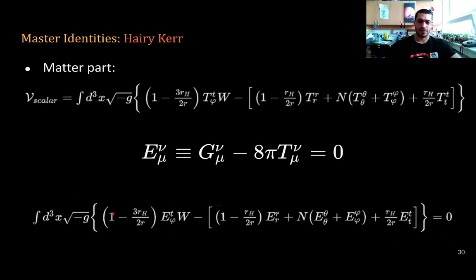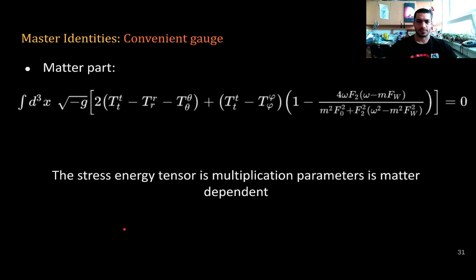And observe, however, this is a master-like identity, since the Einstein tensor terms have to be multiplied by some part of the metric parameters. So it's not that generic.